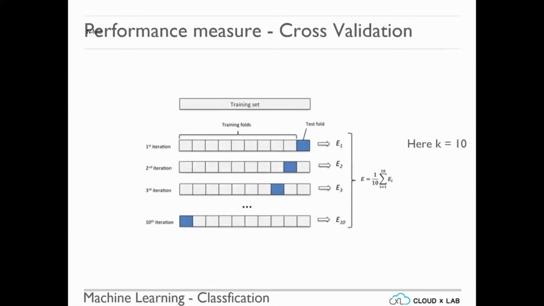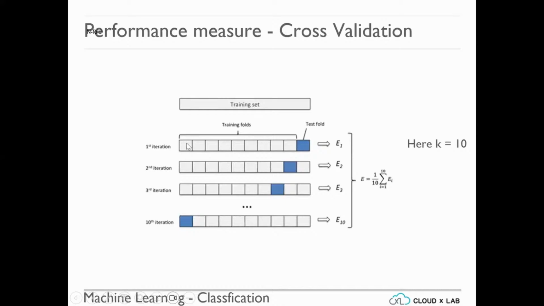No, no. In each iteration we will train the model one time. The only difference is we will use this part as training data, and this particular part as test data or validation data. So this is our validation data. In the second iteration, we will use this portion of data as validation data, and the remaining data as training data.